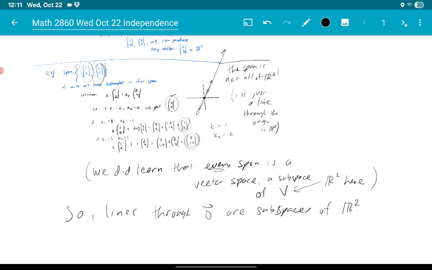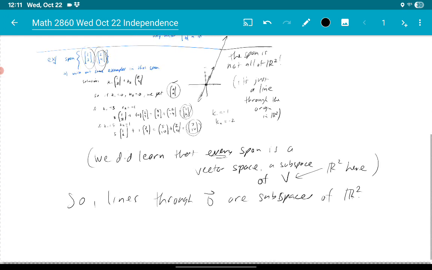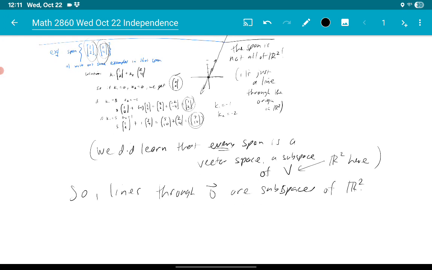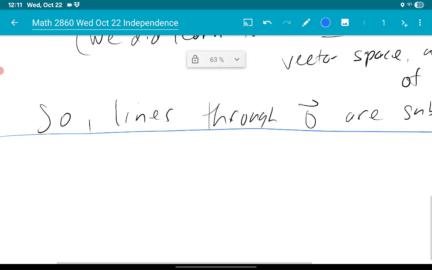Okay, so let me do another example. And that'll help me define the next concept, which is independence. Okay, let me zoom in here for a second. So this next example will use different types of objects. Or no, in fact, let's do the same types of objects, just from a different dimension.